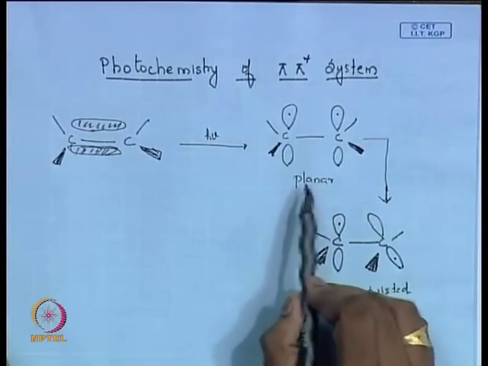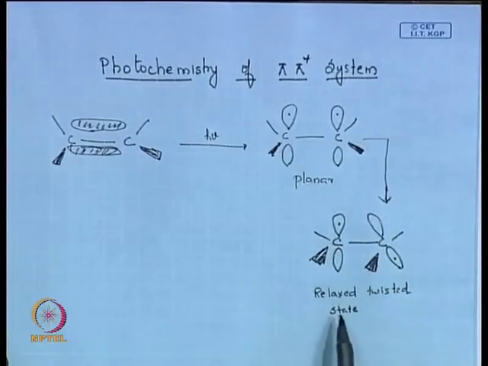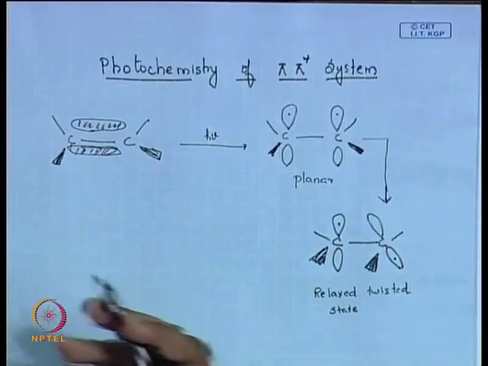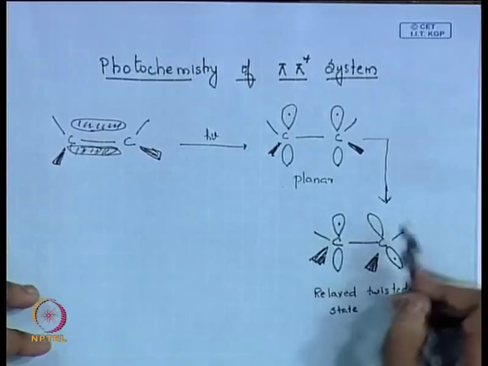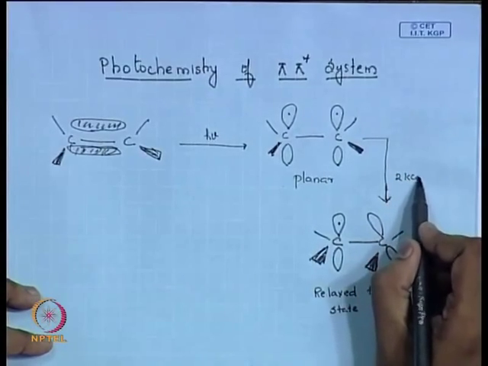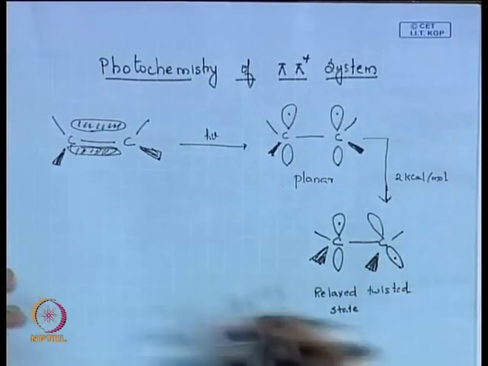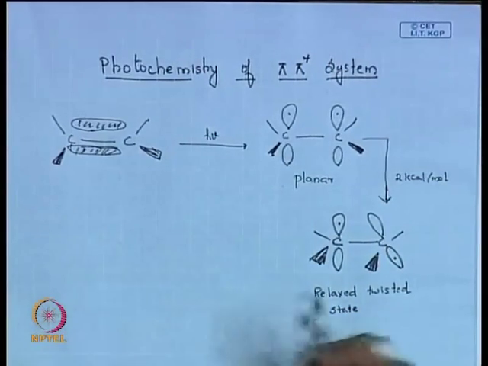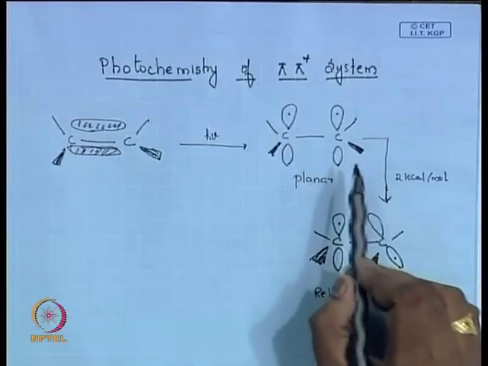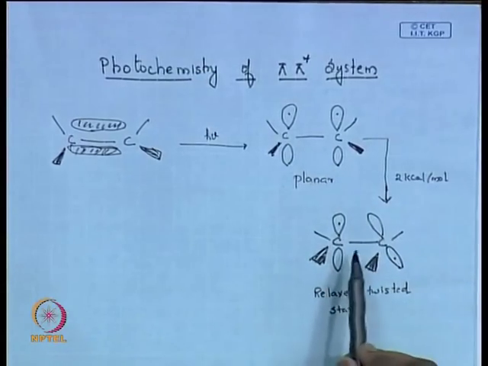Basically, the energy required to move from planar to the relaxed state is only about 2 kilocalories per mole, not more than that. It needs only this much energy to do this, maximum 2 to 3 kilocalories, that is all it needs. This is the difference between your n pi star reactivity and pi star reactivity.